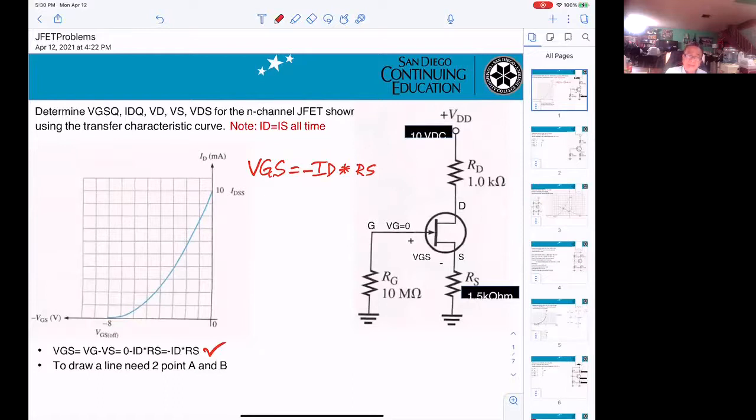IS and ID are supposed to be the same. So that's why I get this equation.